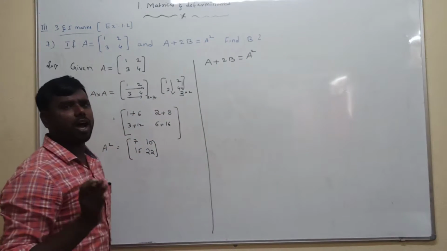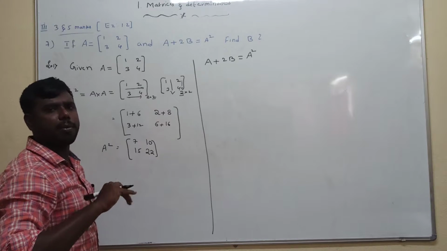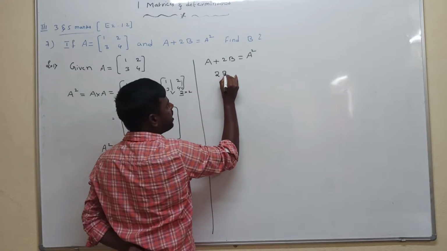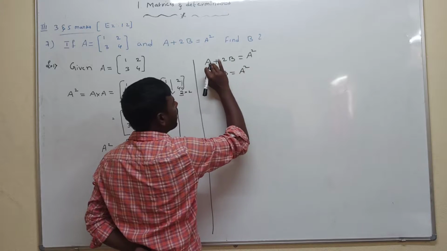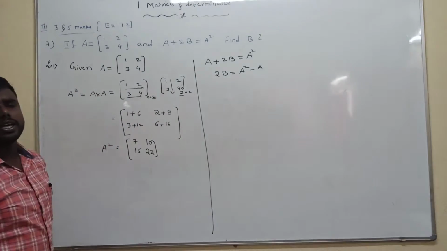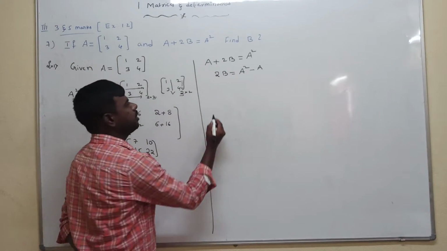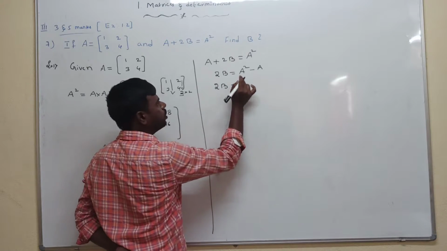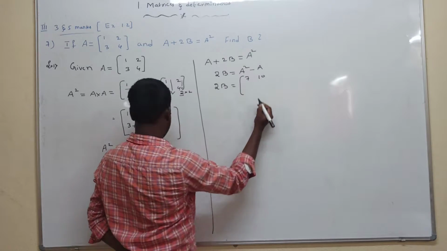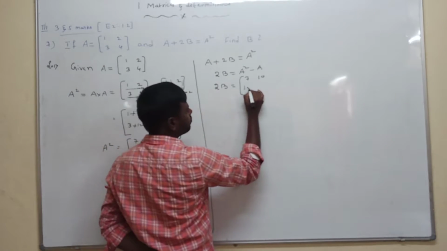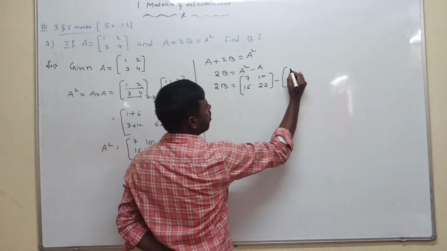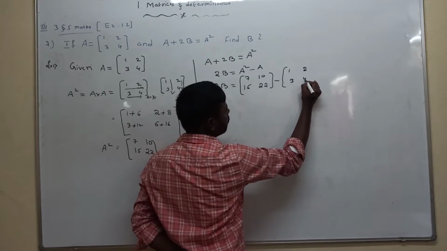When asked to find one matrix, we take the remaining matrix to the other side. So we take the A matrix to the right-hand side: 2B is equal to A square minus A. Now substitute the A square matrix and the A matrix. 2B is equal to 7, 10, 15, 22 minus 1, 2, 3, 4.